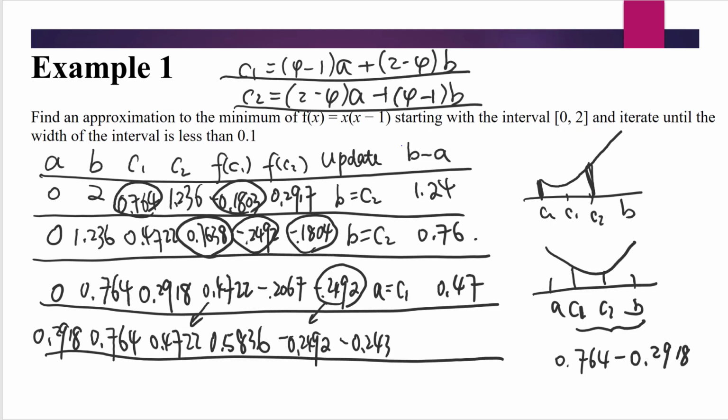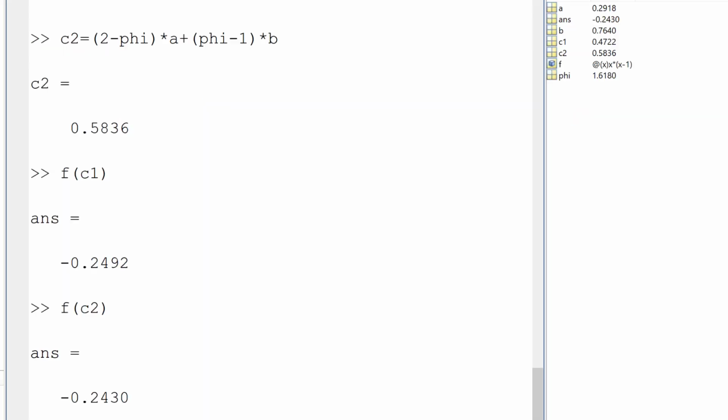So in this case, you can see f(C1) is smaller. So again, we assign the value of C2 to the variable B, and then the width will be C2 minus A, which is 0.5836 minus A. So this will be 0.29.